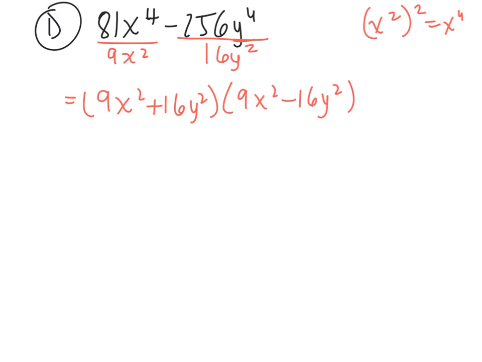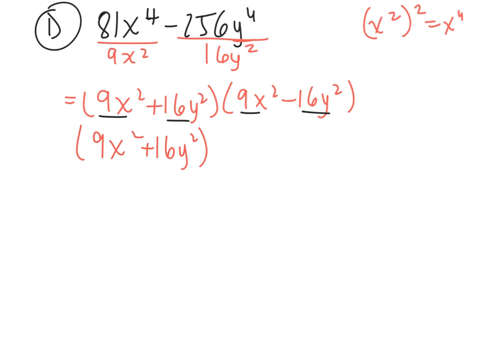Close the parentheses. Okay, so now we recognize that these are still squares, right? But that's only the first condition. The second condition is that it has to be separated by a minus sign. That one won't work for difference of squares. That one will. So if I go back here, this one's going to remain as just 9x squared plus 16y squared.